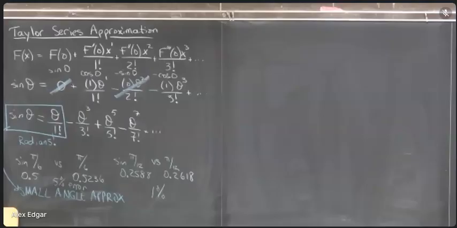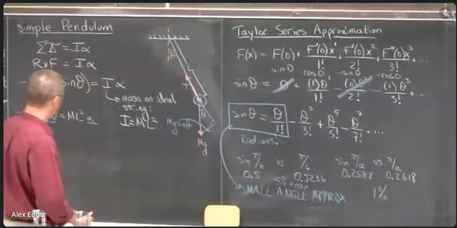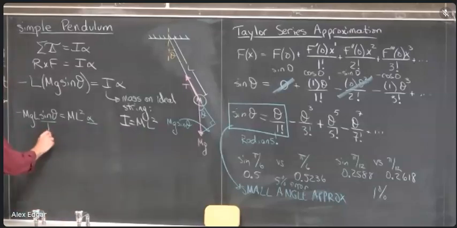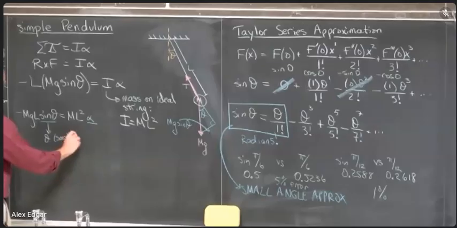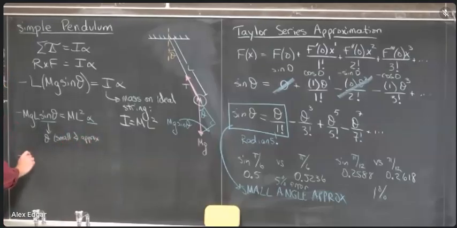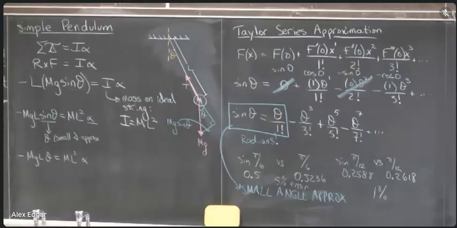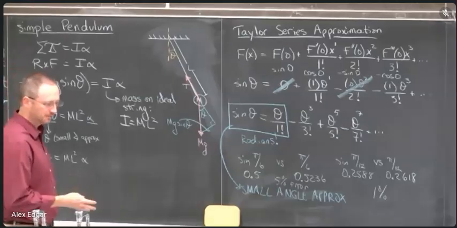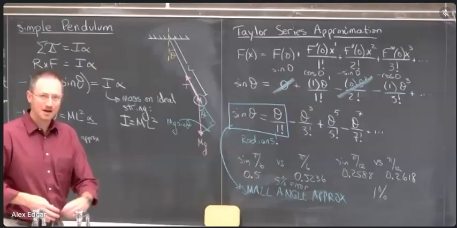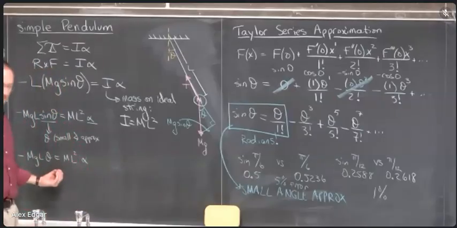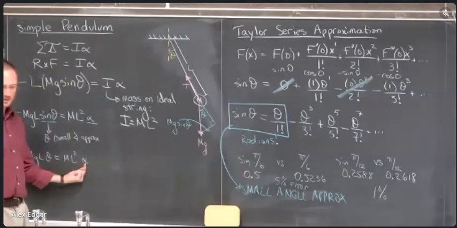So let's go back to that equation and take a look at it. So we've gotten rid of the sine theta. We've gotten our variable out of the sine function, but we still have to deal with this alpha here.